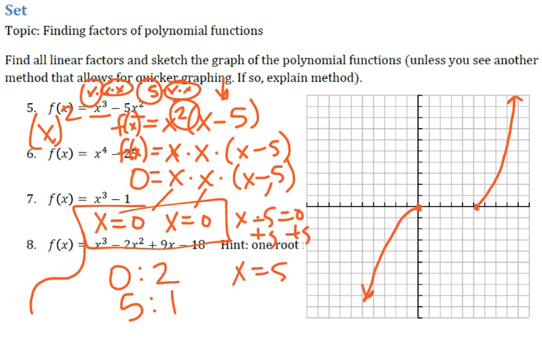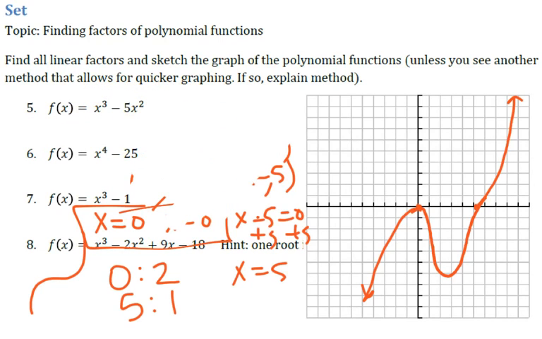So the 0 one, since it's a multiplicity of 2, it's going to touch, kind of bounce off, then we'll swing it back around to go up. So something like that. It's a good basic shape for it. Alright, so number 5 wasn't too bad. Now number 6.